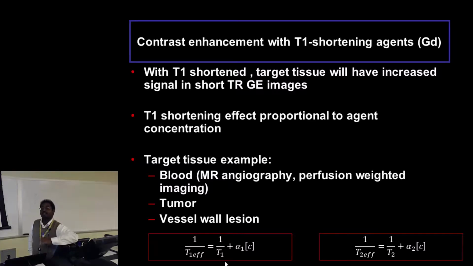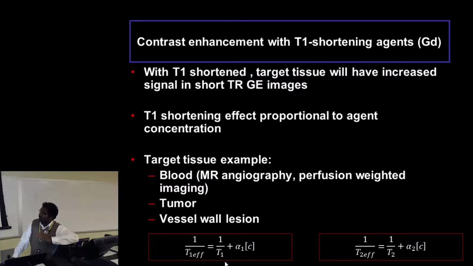If you want to see the T2 or T2 star effects, then you use relatively long TE or long TR and long TE, right? So depending on the experimental parameters that you would use, your signal effect of contrast agent would differ basically.